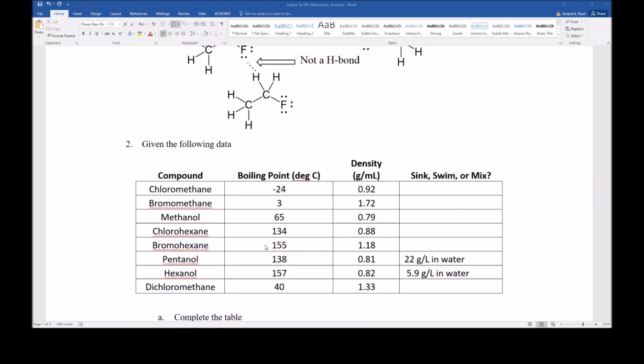These two have very similar boiling points, and these two do not. Very dissimilar boiling points. And what this tells us is that hydrogen bonds, which definitely exist in alcohols and definitely do not exist in alkyl halides, are very important for small molecules. But as those molecules start to get larger and larger, the hydrogen bonds become much less important.